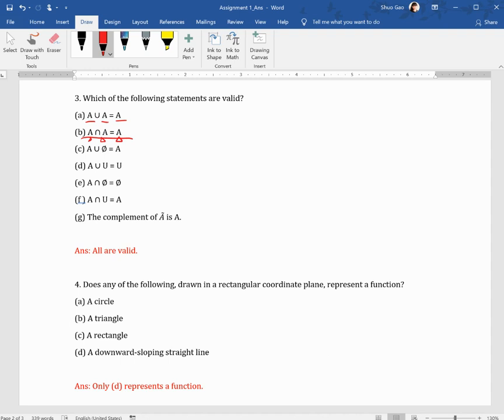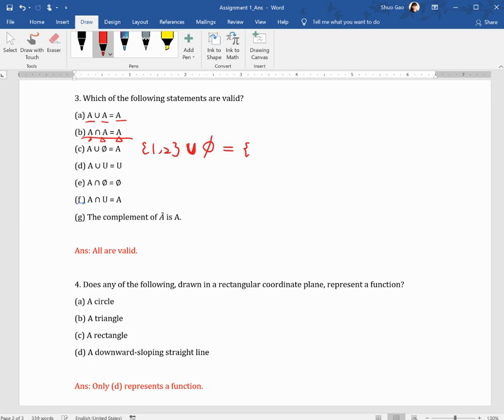And C, A union an empty set is still the set A. This is also true, right? Because, for example, if A is {1, 2}, and it unions the empty set, that means we take all the elements that appear in either set, and then we combine them together into a new set, right? This is the definition of union.